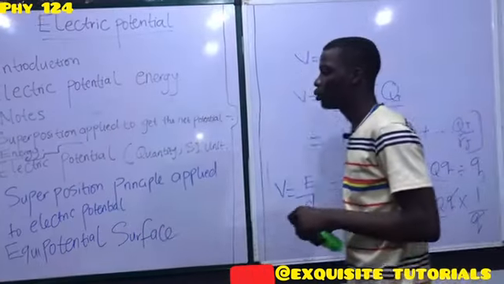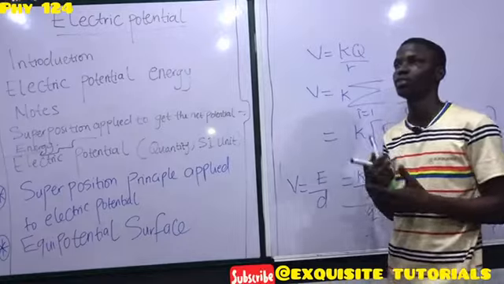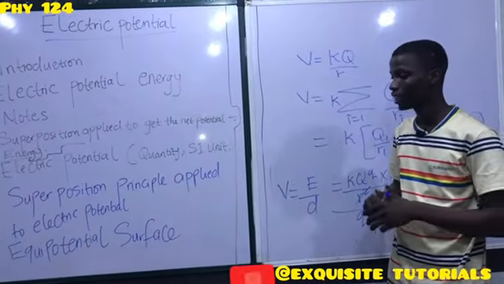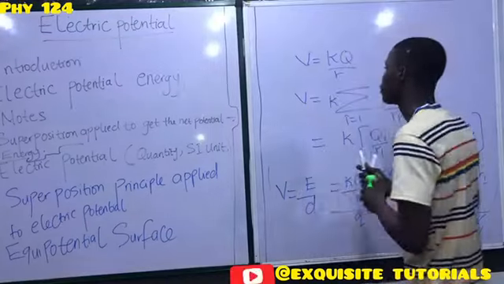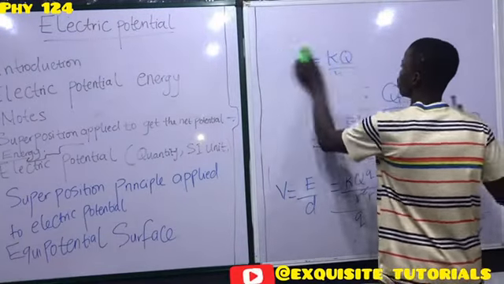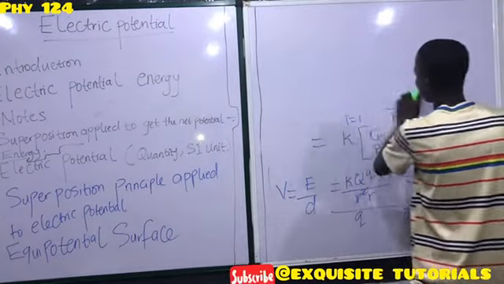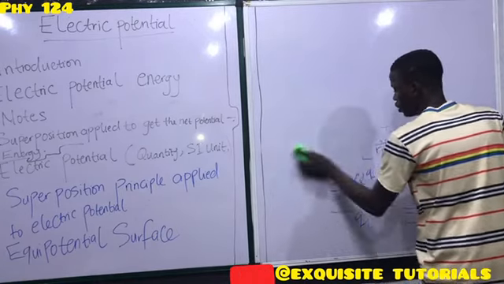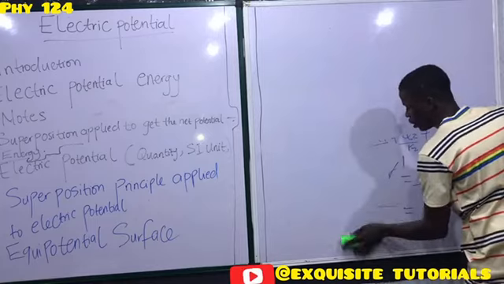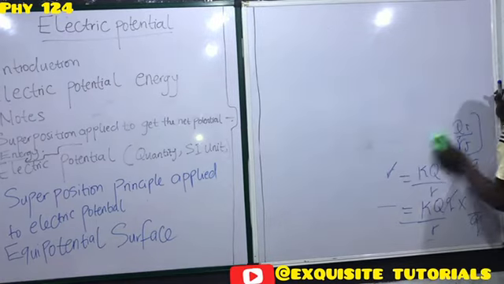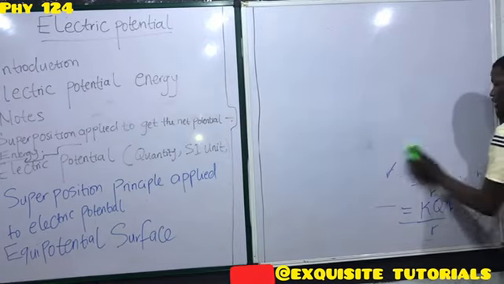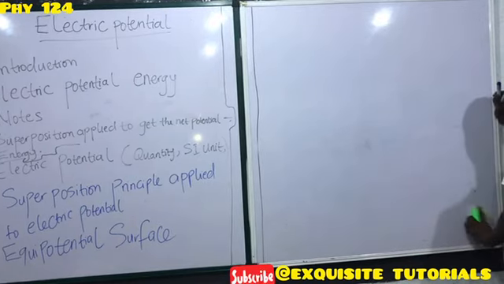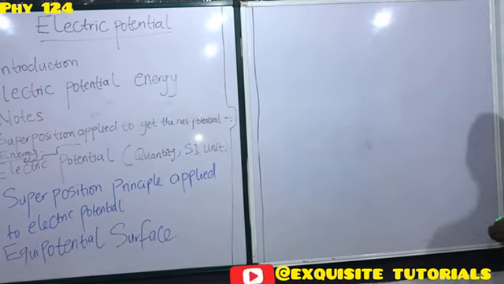Then equipotential surfaces. It could be metal, any substance at all. There are substances that exist at equal potential. That is to say, the work done between any two points on an equipotential surface is equal to 0.